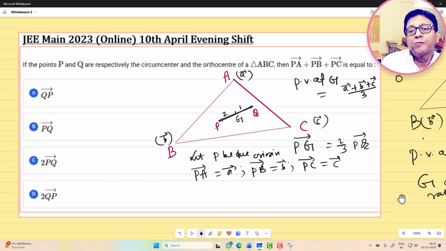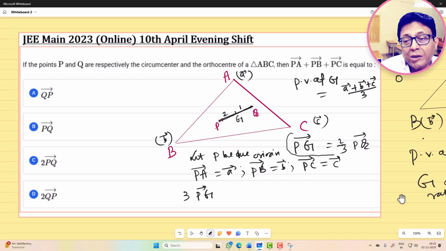Your problem is to find PA plus PB plus PC. Let us use this one: 3 into PG, from the relation. I mean, not given; this one we have found.